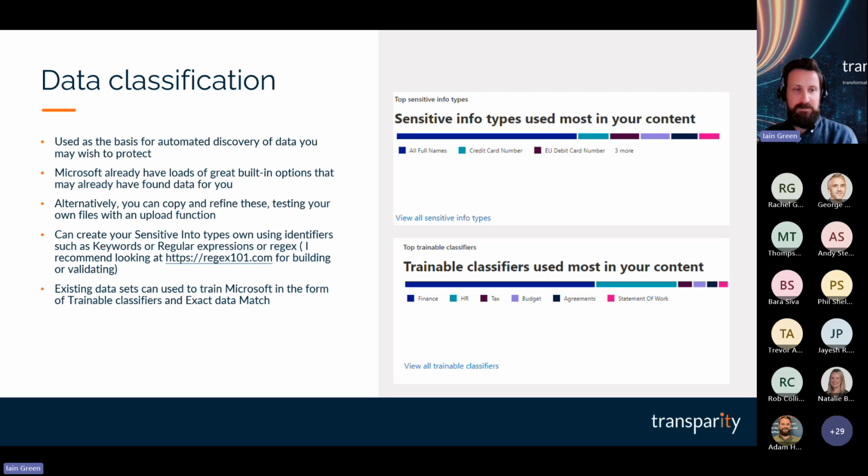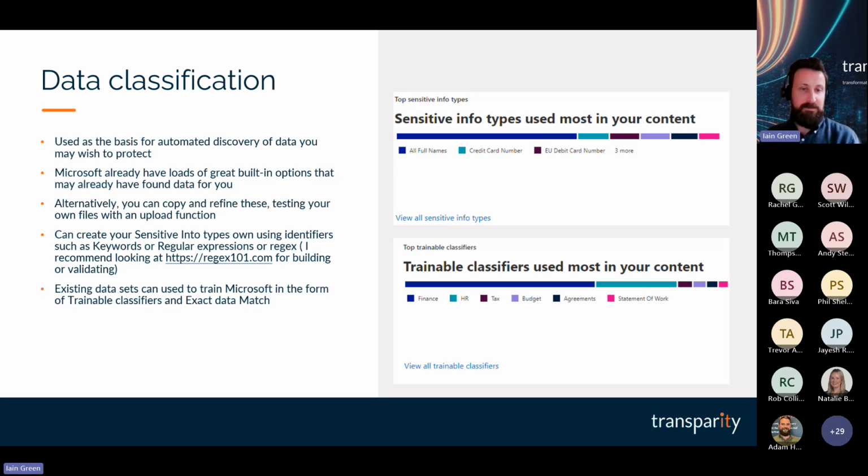And if you're not comfortable with regex, or if you haven't really looked at it, I'd just put a link to regex 101 in that slide. I'd highly recommend having a look there because you can get an idea of the types of things you can look for. You can build, test, validate those regex expressions, and then you can carry those across and into your 365 tenant.